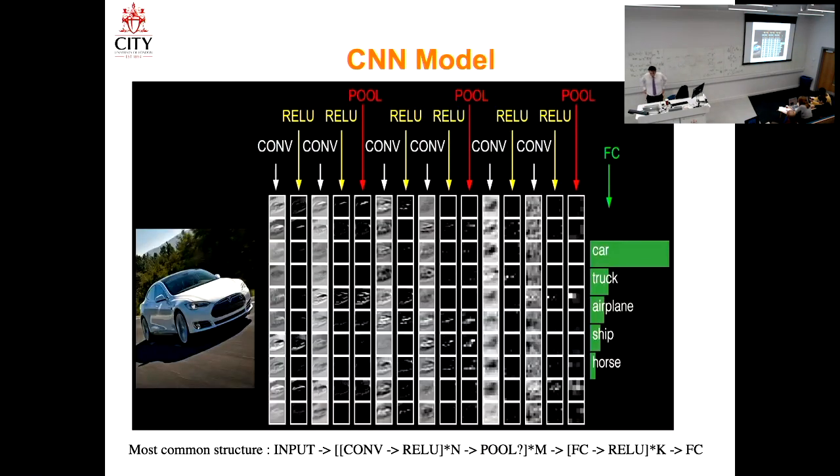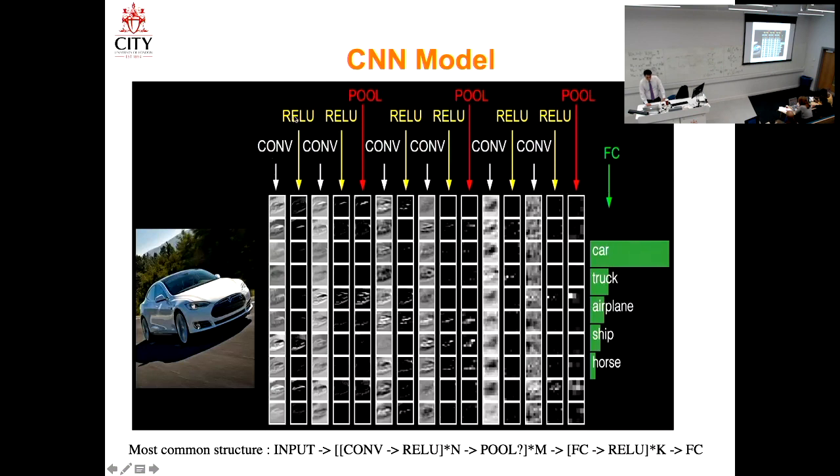So a convolutional neural network is something like that. You give it a car, another example. Input, conv, relu, n times, pool, then m times this whole bit. Then fully connected, relu, k times, and then fully connected.